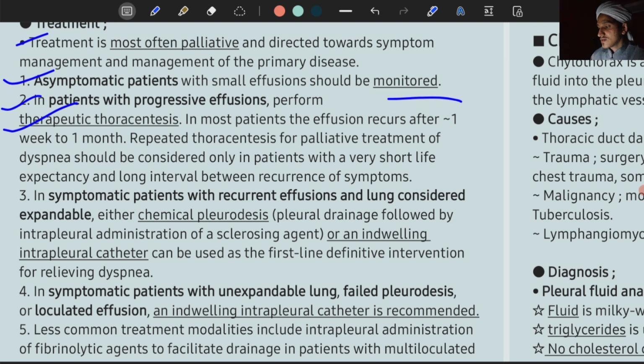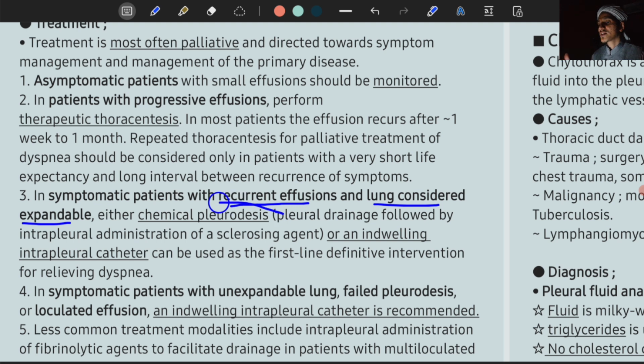Now, one more thing we should remember is, in malignancy there is effusion, so whether the lung is expandable or not expandable, the treatment depends also on that. If the lungs are expandable, then you can do pleurodesis.